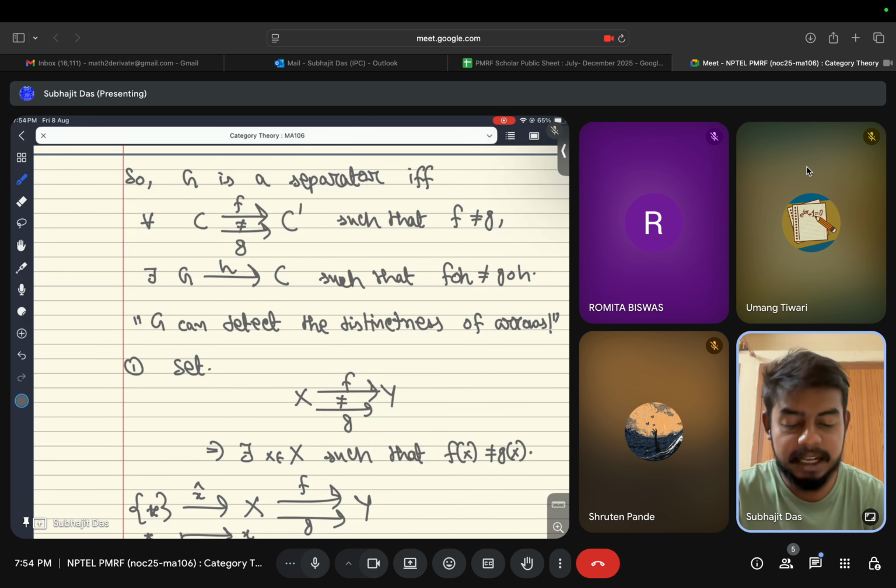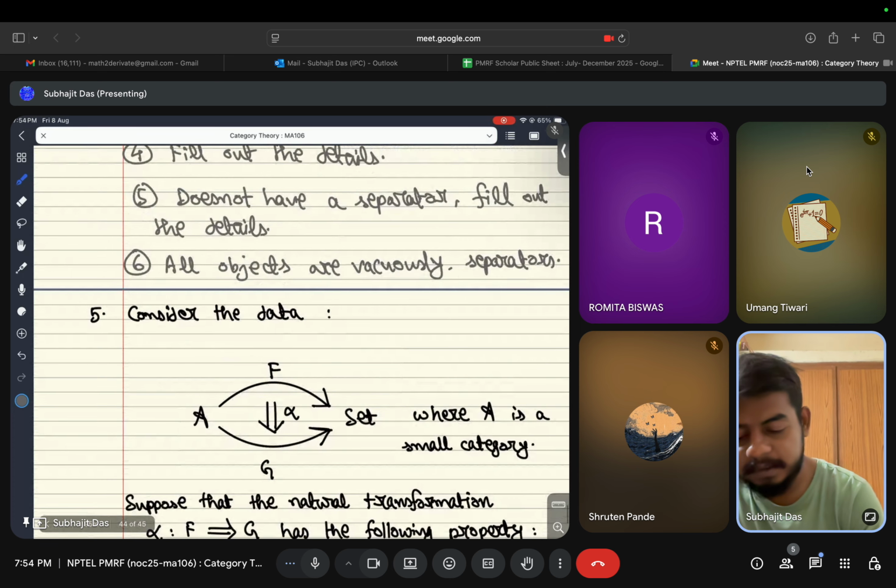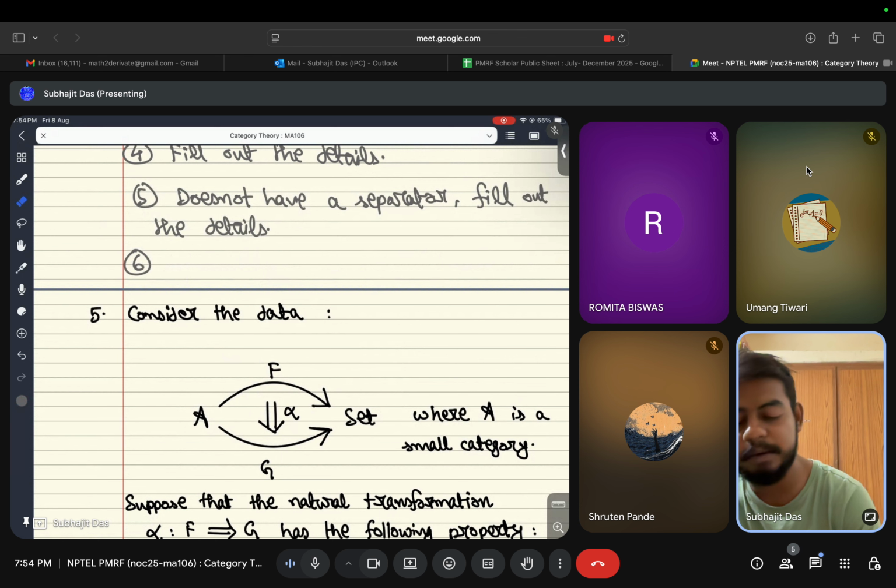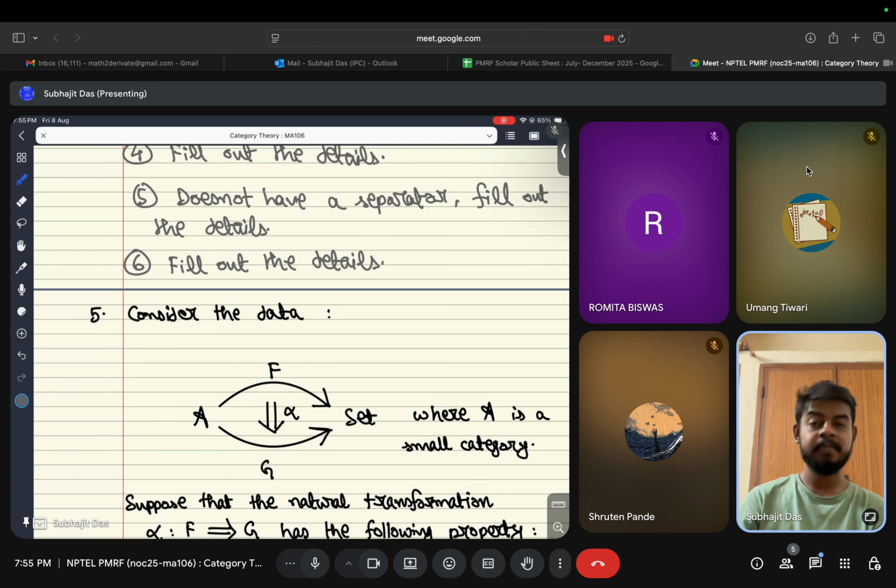Okay, I'll leave this. I shouldn't say this. This needs some thought. Try to think about this and fill out the details. I'm not saying that all objects are separators, by the way. Think about this, convince yourself, and then conclude. And please do ask me if you have an issue.